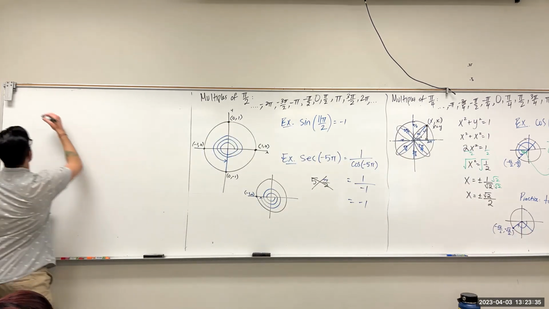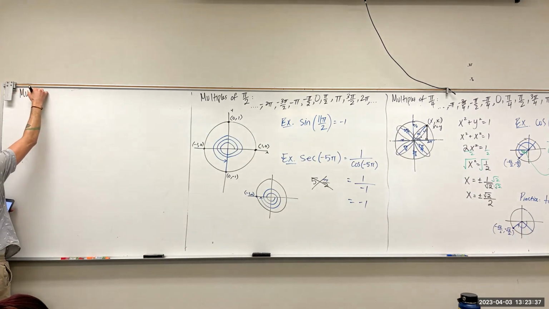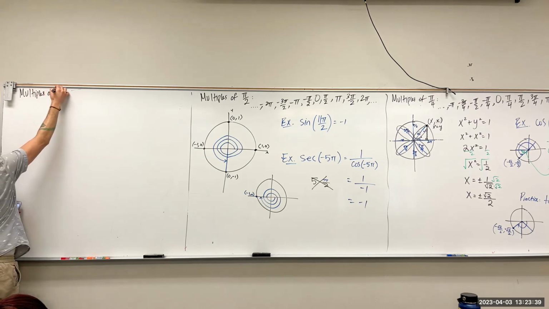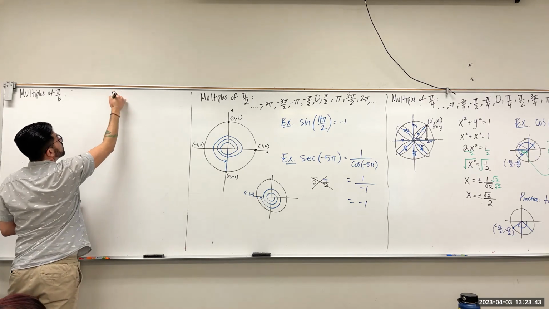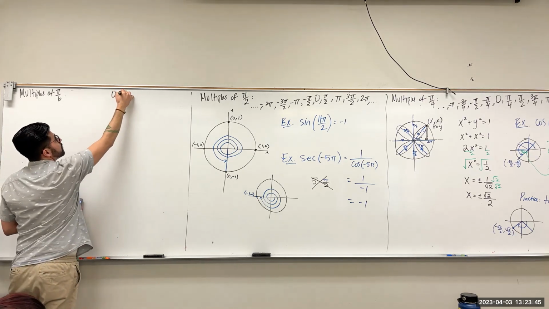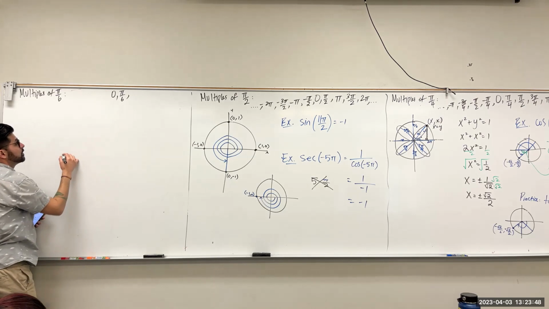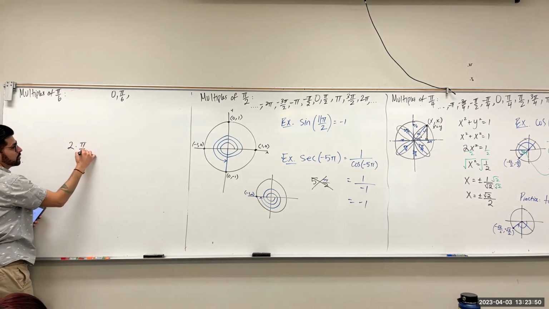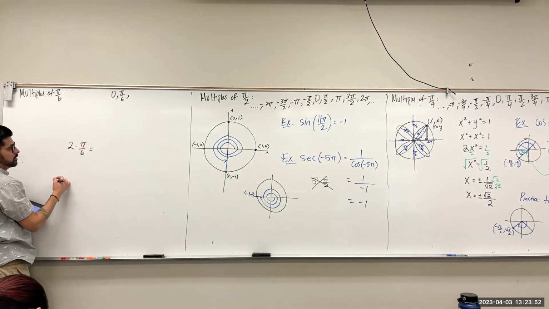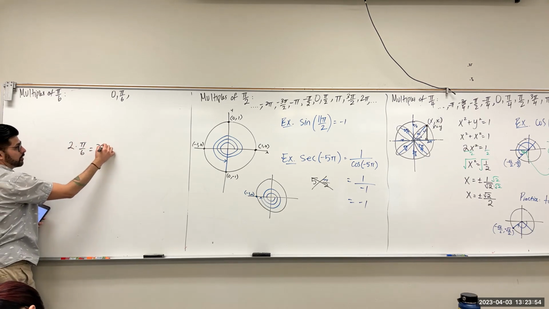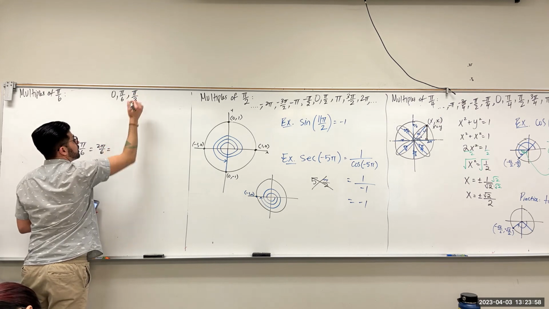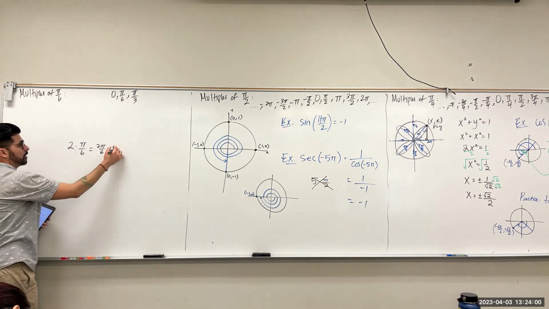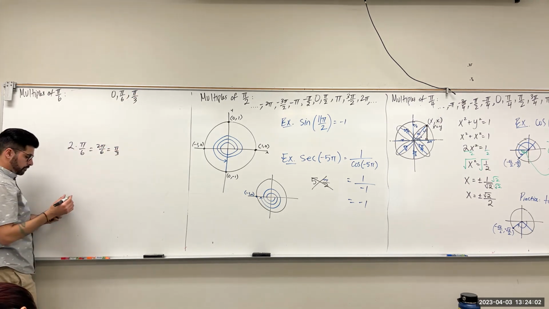See, hopefully I have enough room. The multiples of pi over 6. So same thing, 0. And then we got 1 times pi over 6. And then 2 times pi over 6 gives you 2 pi over 6, which reduces to pi over 3.